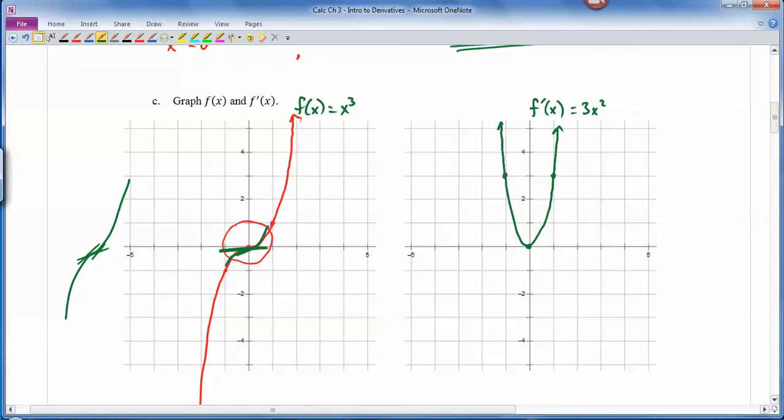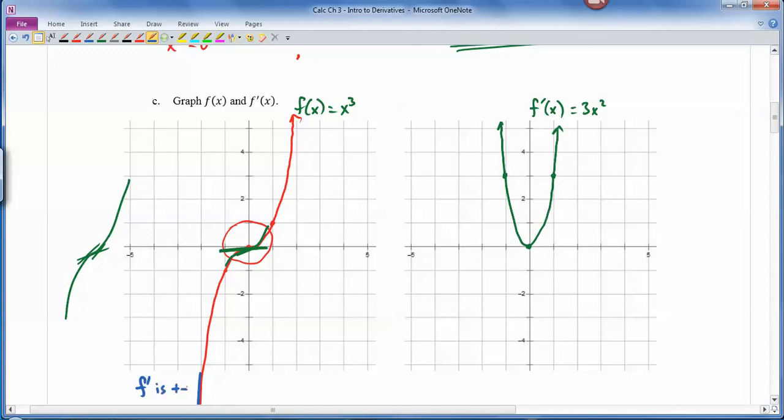Okay. And one of the things that you're going to start practicing is looking at the graph of f and trying to figure out what the graph of f prime, what the slope function looks like. And so what you would do is, and this is informal, you'd look right here, let's say. And right here, the slope, the f prime, is pretty positive, right? It's pretty steep there. So I'm just going to do that.